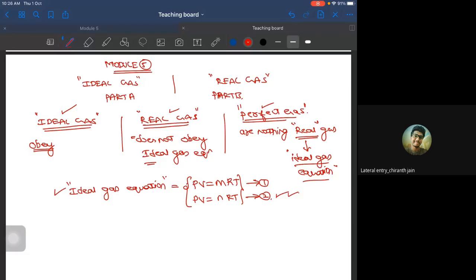You can remember this as LP, low pressure, and HT, high temperature. At low pressure and high temperature, a real gas will obey the ideal gas equation, and such a gas is known as a perfect gas. Got it?